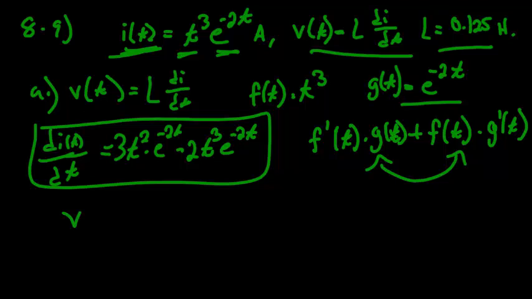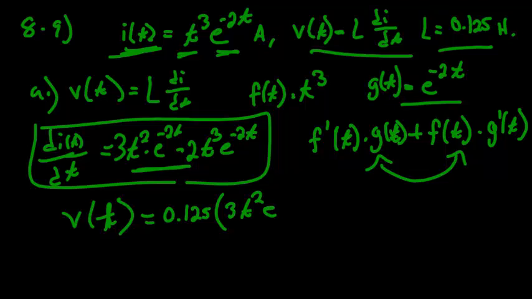So if we want to find v(t), we just multiply L, which is this value right here, 0.125, by our derivative of i(t), which is 3t squared e to the minus 2t minus what?